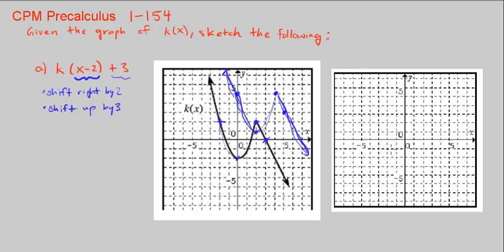This point here is 2 to the right, up 1. From 0, 0, it's 2 to the right, up 1.